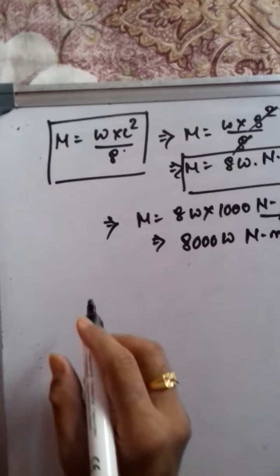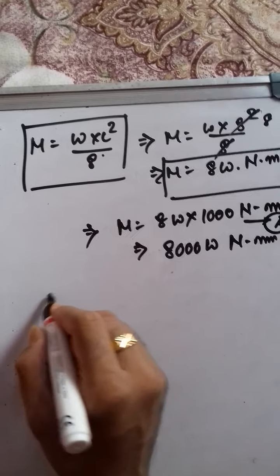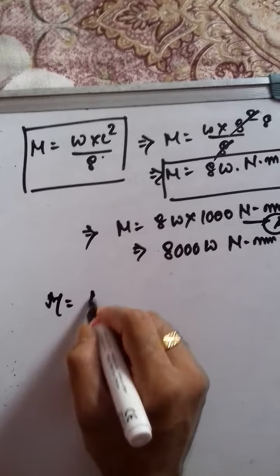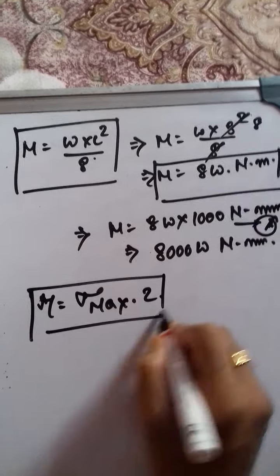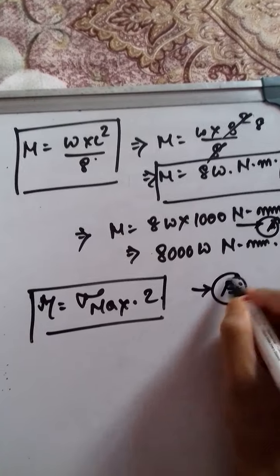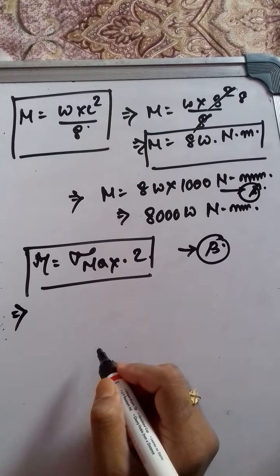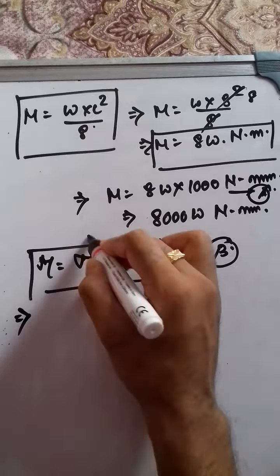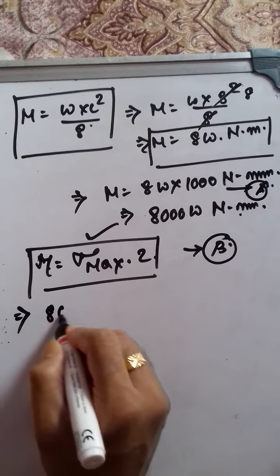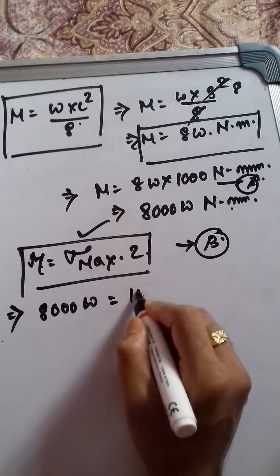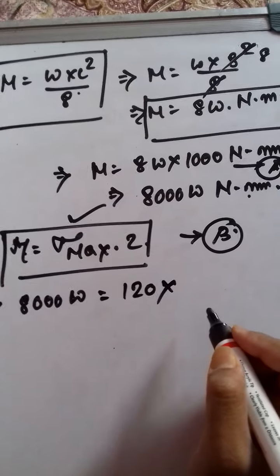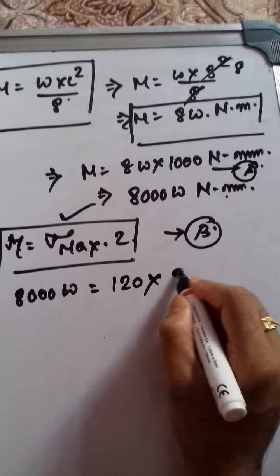Okay, now we know that as per the formula, maximum bending moment is equal to sigma maximum multiplied by Z. So if we just substitute the value, we know the value of maximum stress. So M is equal to 8000 W is equal to sigma max was 120, and this section modulus was something.